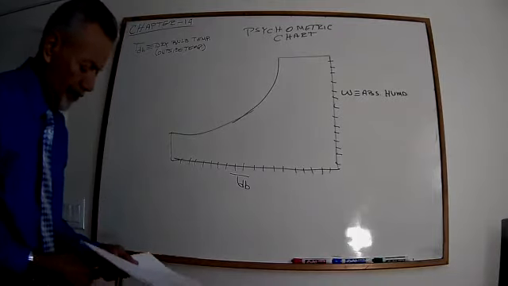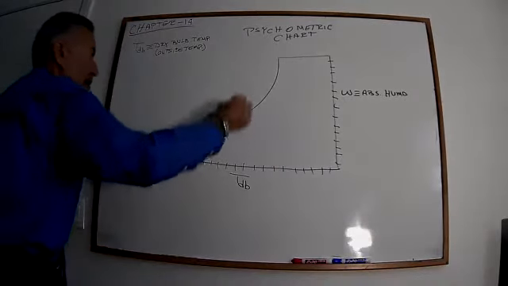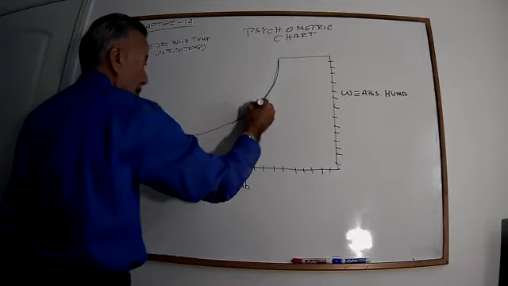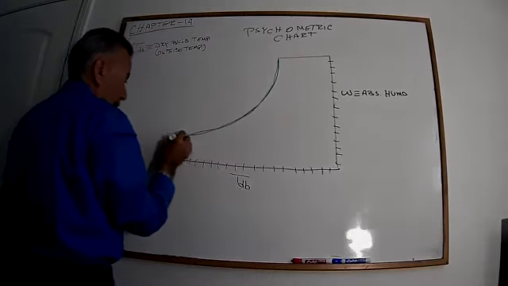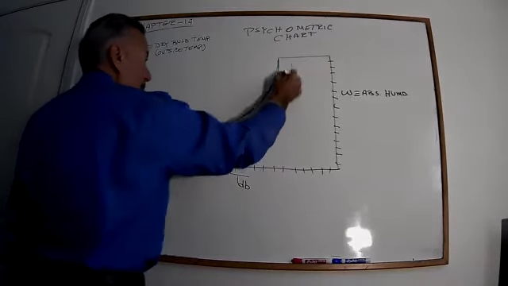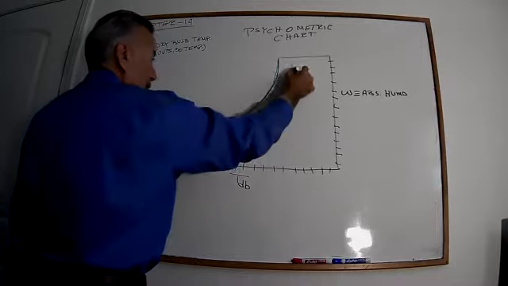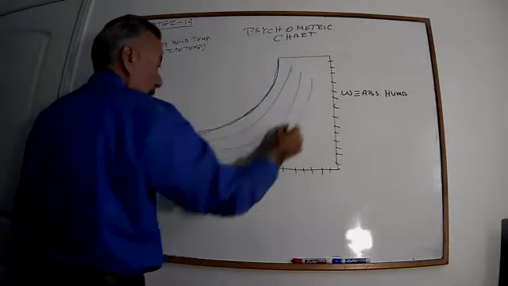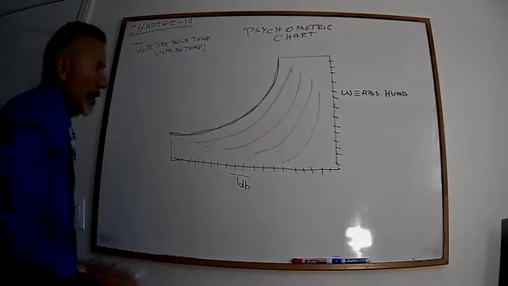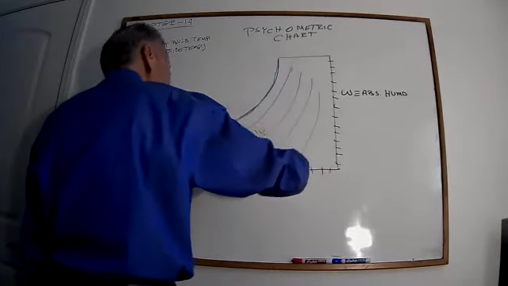Now, if you look at this curve, and then you'll see right behind it a whole bunch of curves like this. Now, these curves represent relative humidity.